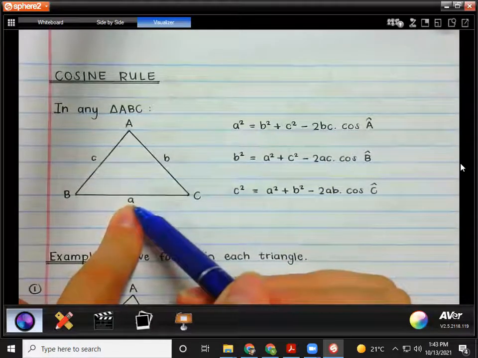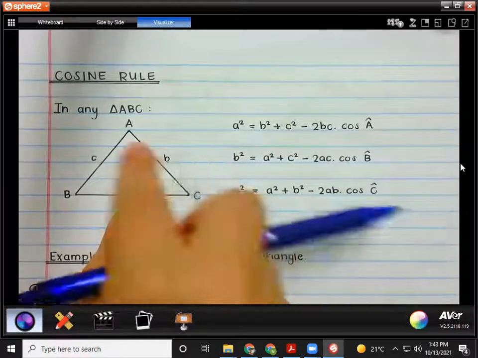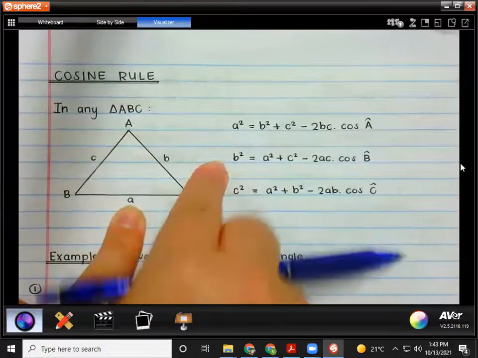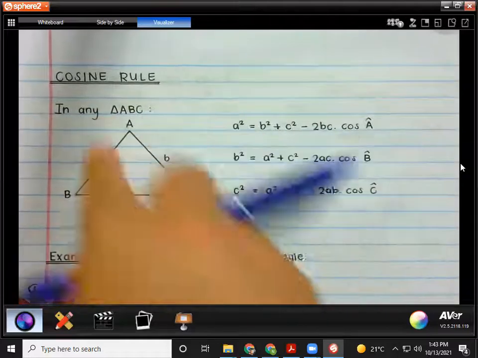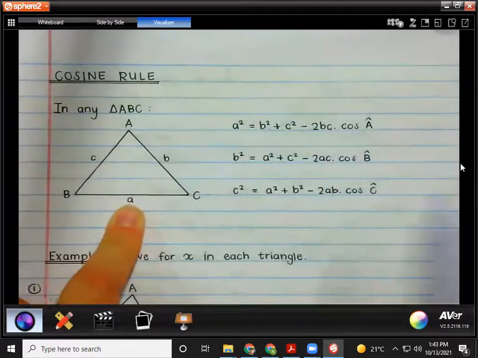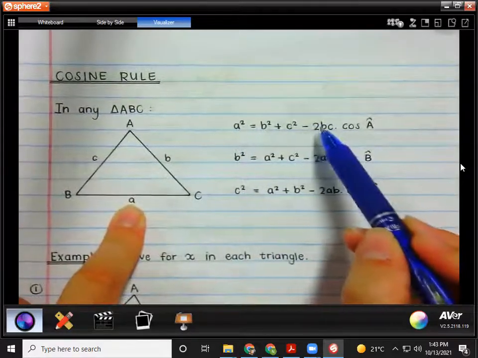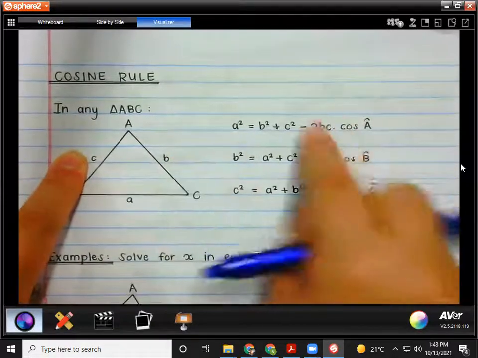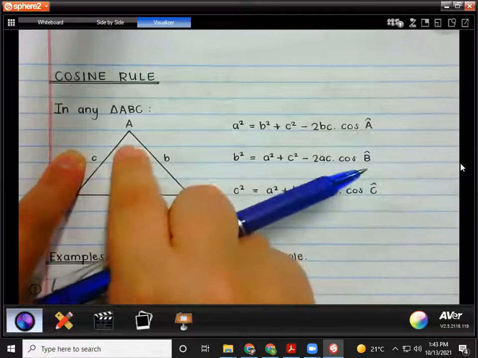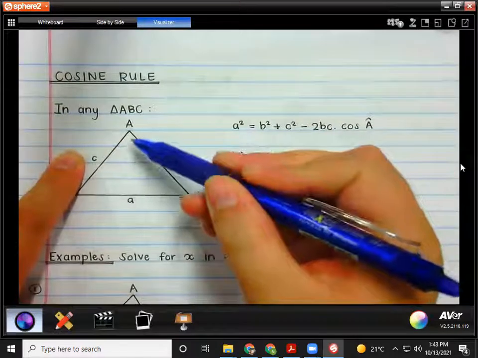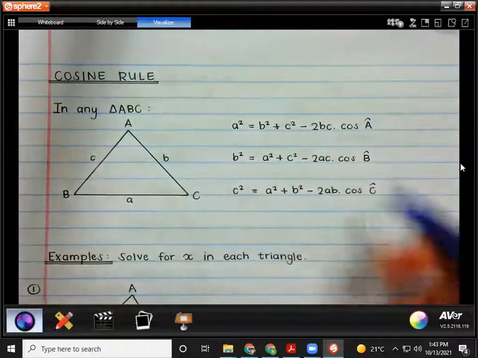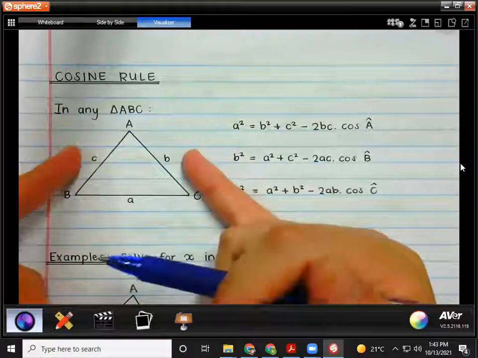So this side squared is equal to the sum of the other two sides squared, similar to Pythagoras. But of course, this is not a 90-degree triangle, a right angle triangle, so we can't stop there. Then we must minus 2 times the product of the other two sides. And that product we then multiply by cos of the angle that is opposite to the side that we're finding. Or it's the included angle between the other two sides.